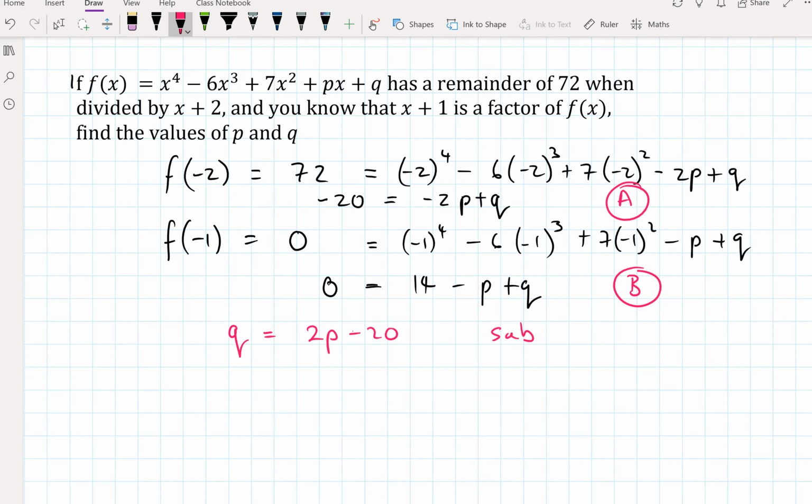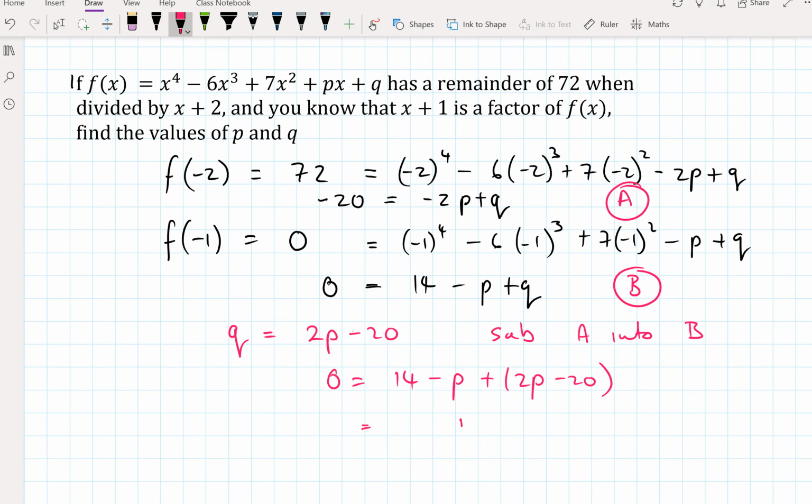If I substitute A into B, then I'm going to get 0 is equal to 14 minus p plus 2p minus 20. What am I going to have?